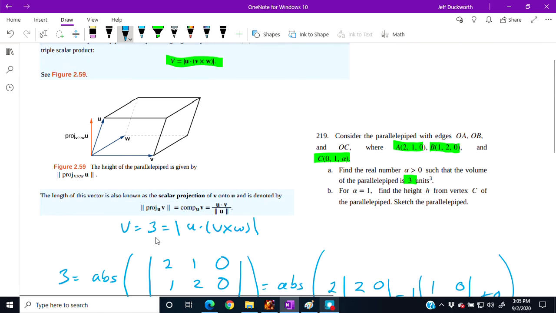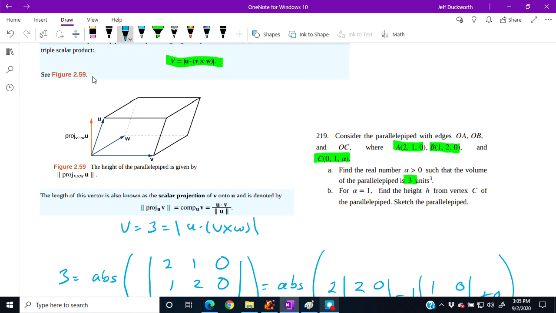Let's go see what we need to do for part B. Well, they tell us for alpha equals 1, so I guess maybe they knew what the answer was going to be. Find the height h from the vertex C of the parallelepiped. I'm not going to sketch it, but we need to do that. So essentially we need to find the magnitude of the projection.